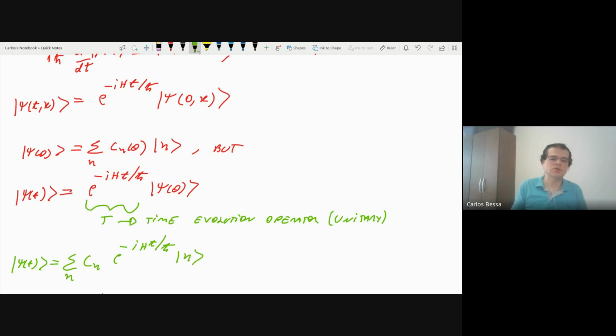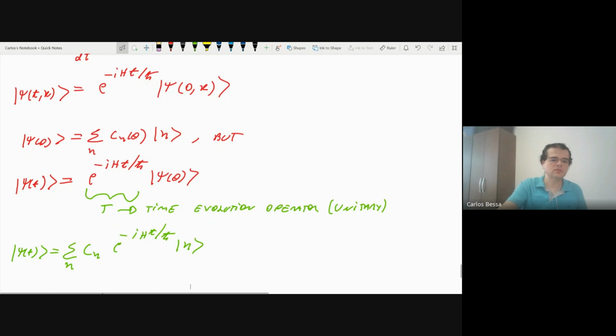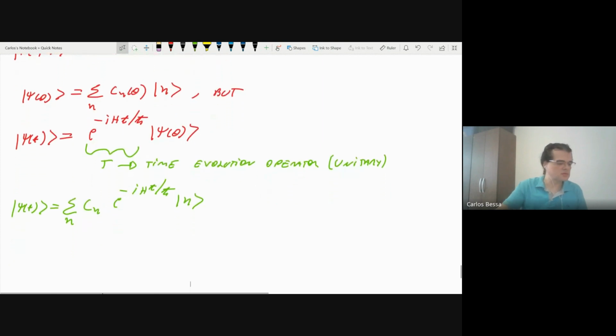Okay, just use this guy here. And the Hamiltonian H for the oscillator is just this, in terms of the creation and annihilation operators that we just found.